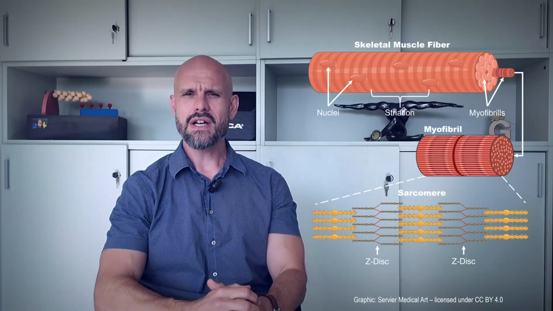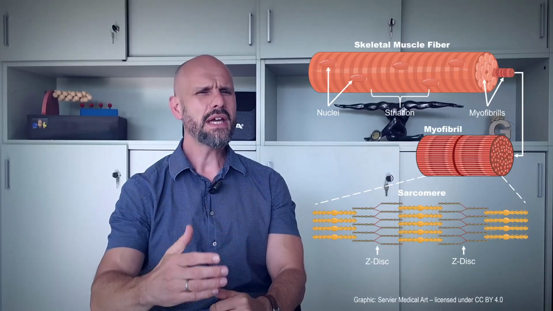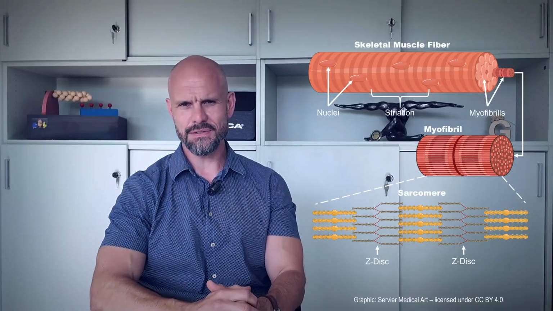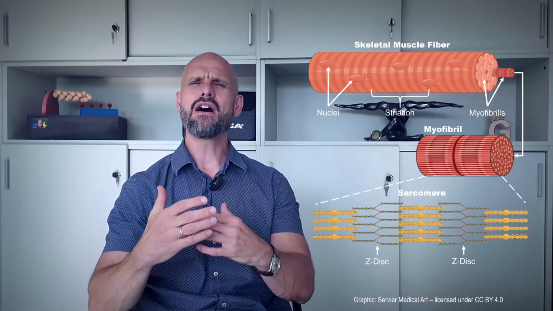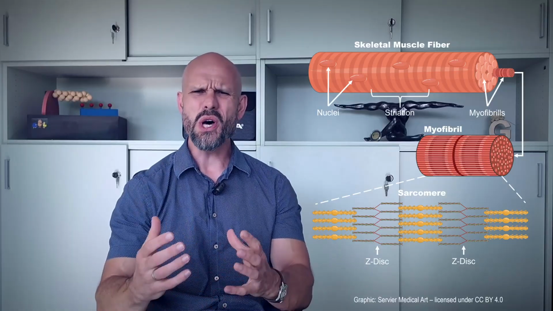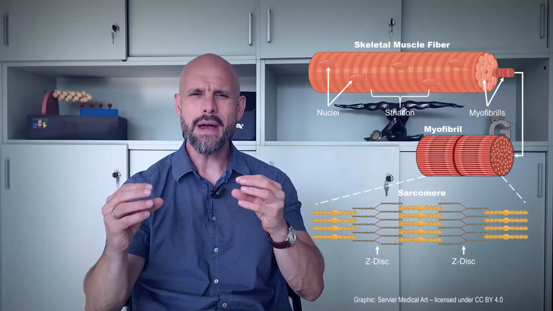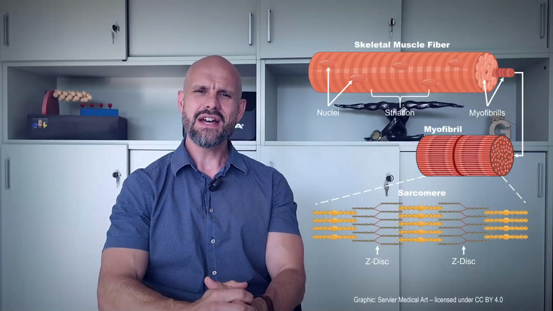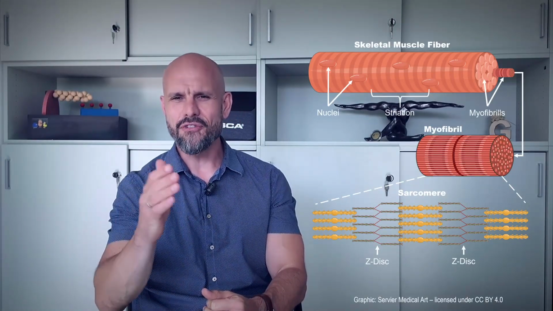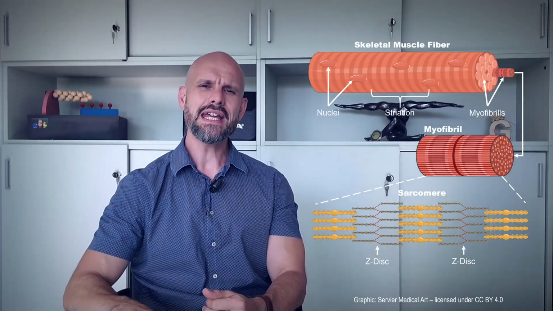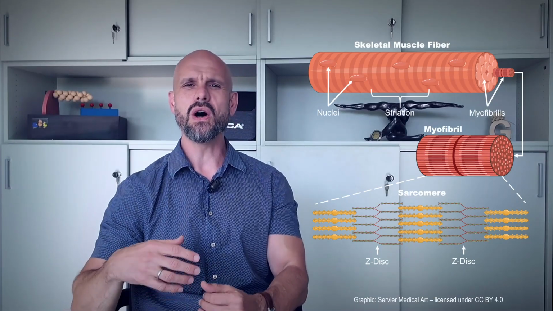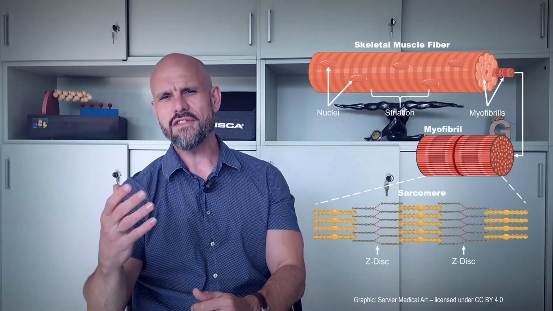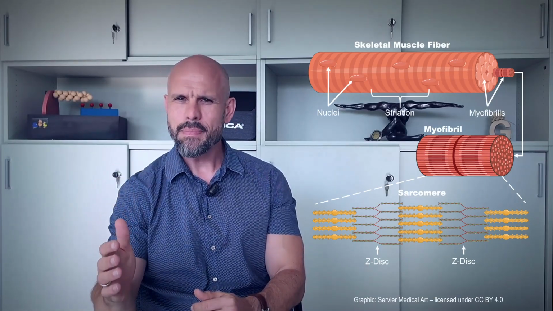Within each fiber, you'll find a dense, repeating internal architecture. First, there are the myofibrils, long rod-like structures arranged in parallel. These are the actual contractile elements of the cell, and each myofibril can be divided into repeating units called sarcomeres, which give muscle its striated appearance and generate force.